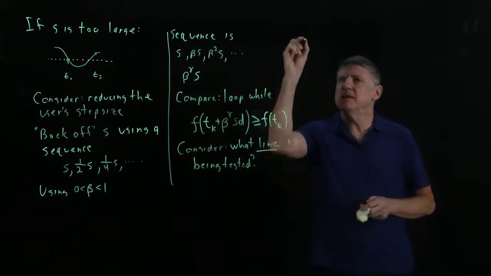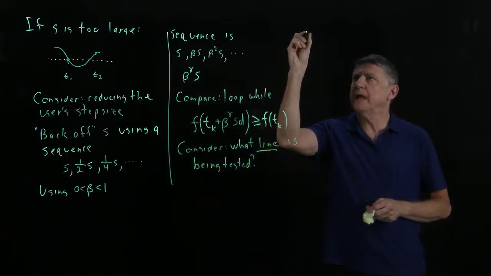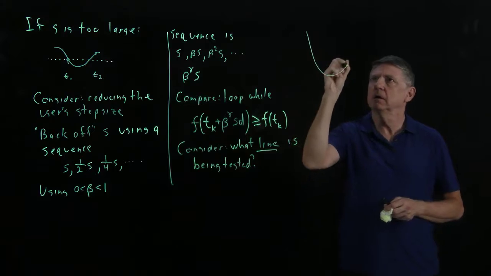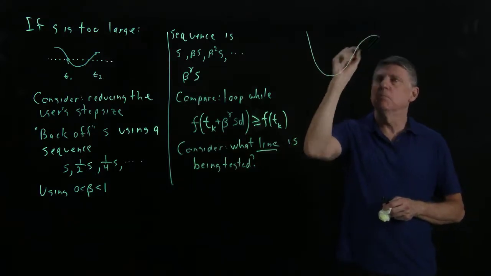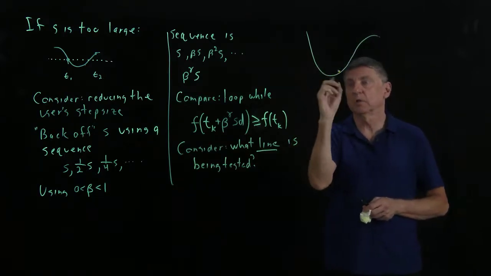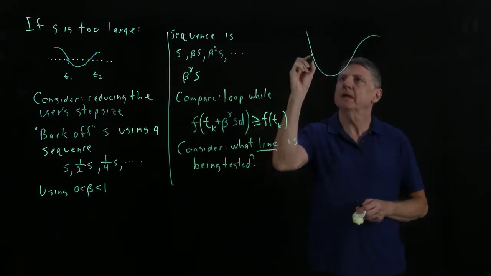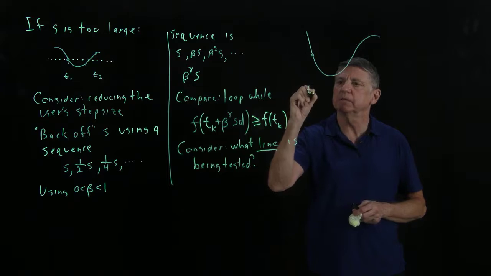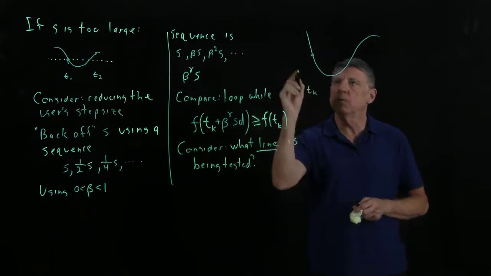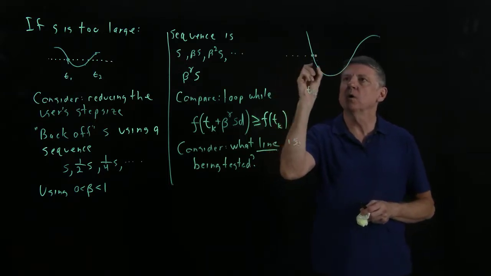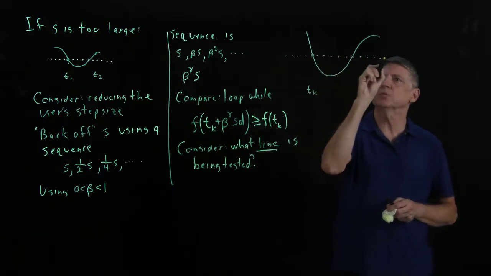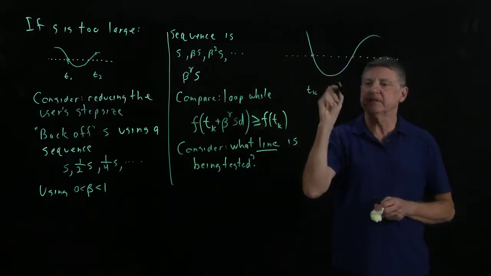What I mean by that is, suppose we have our function, which is locally convex here, and suppose that this is our current estimate, which is t k. What we're saying is we want a new t k plus 1 that evaluates to be less than that.